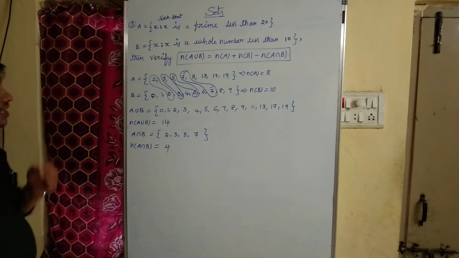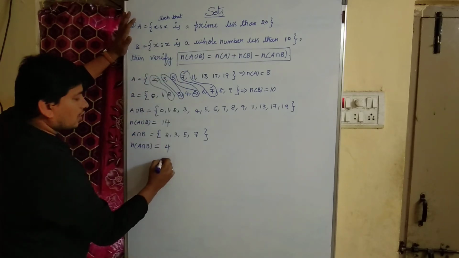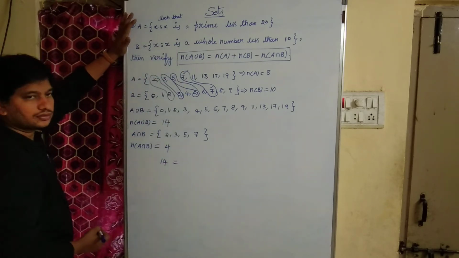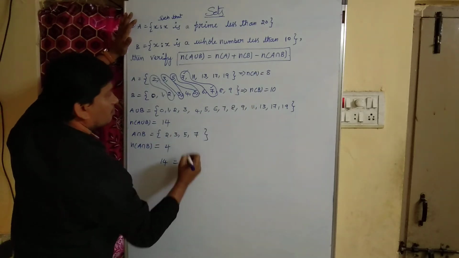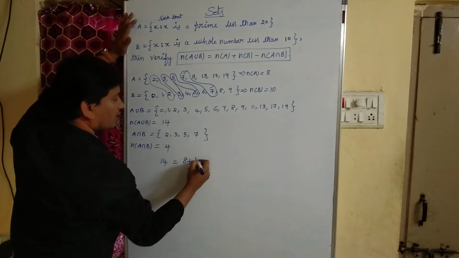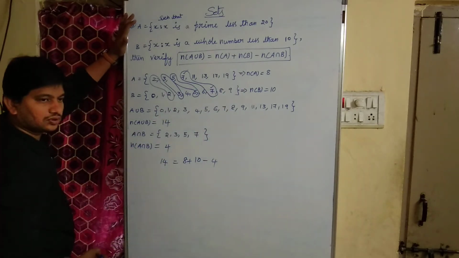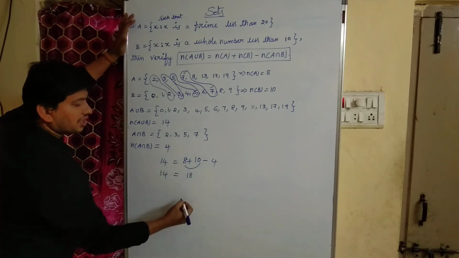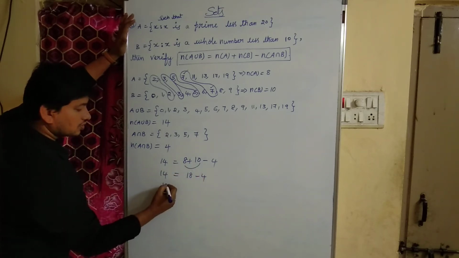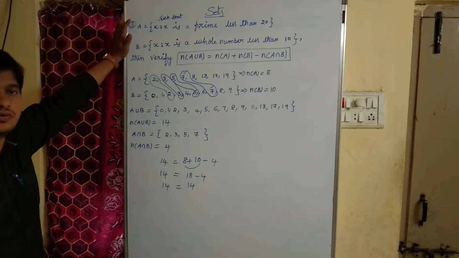So let us verify the relationship now. N of A union B we got 14, equal to N of A we got 8 plus N of B we got 10 minus N of A intersection B we got 4. So 14 equal to 8 plus 10, 18 minus 4. So 14 equal to 18 minus 4, that is equal to 14.